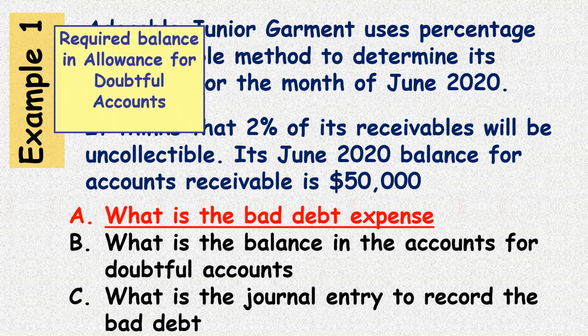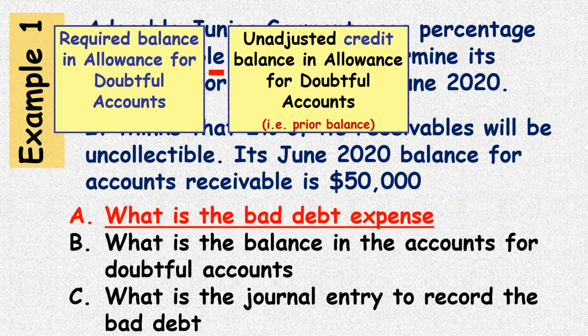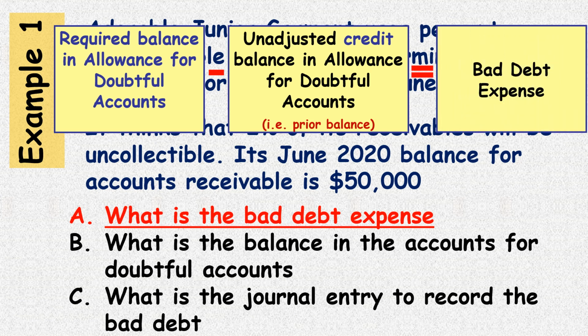Now let's do that. So we know the formula is that we need to find out the required balance in the allowance for doubtful accounts and minus the previous balance that we have. That will give us the bad debt expense for the current period, which is June 2020. So how do we calculate the required balance?